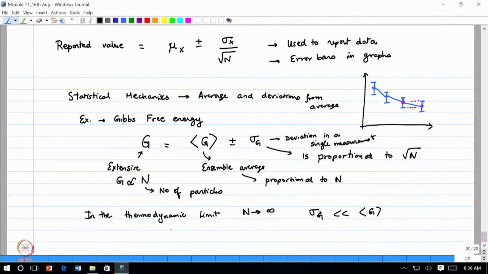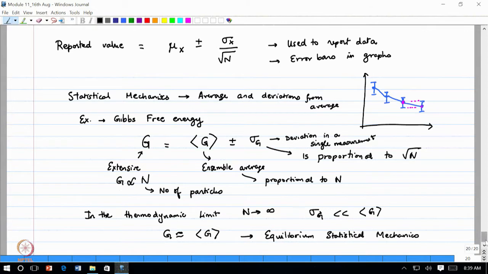So basically you can write G is approximately equal to the average value of G. This is one of the things that you do in equilibrium statistical mechanics, or you can say statistical thermodynamics. The idea is that these deviations are very small, so your G becomes approximately equal to the average value of G.